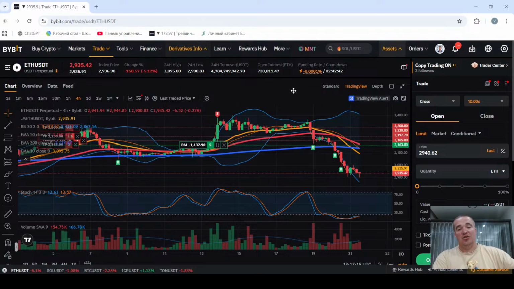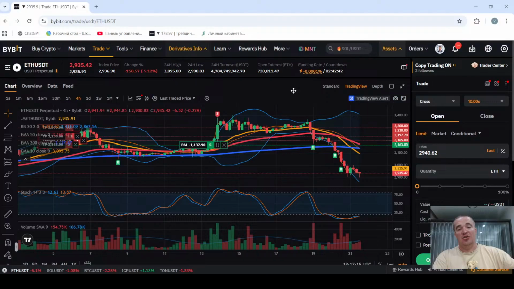You see that my price is now exactly in the area where all three EMAs are collected. It's like 3,160, and I'm just observing how the American market will start, because you see the candle has some shadow below.